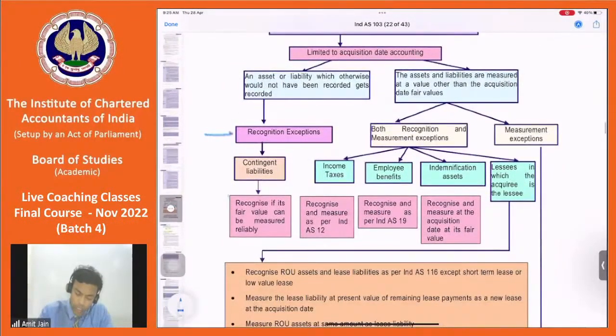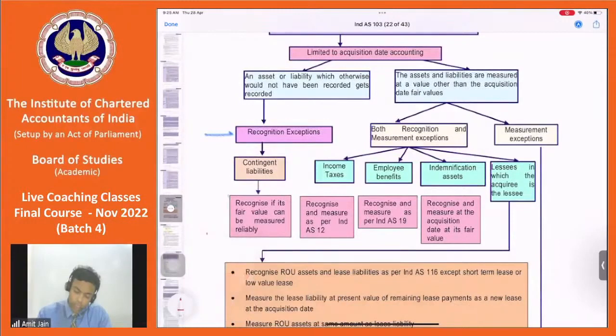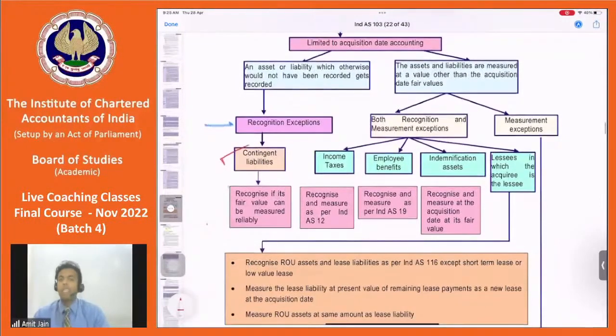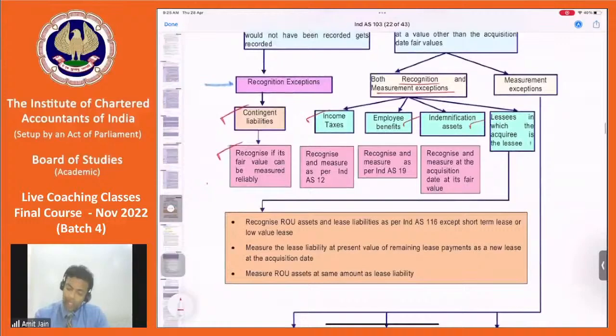First is recognition exemption: contingent liability. We recognize contingent liability under Ind AS 103, but we don't recognize contingent liability under Ind AS 37. Then recognition and measurement principles both: income tax, employee benefits, indemnification assets, and lease liability.